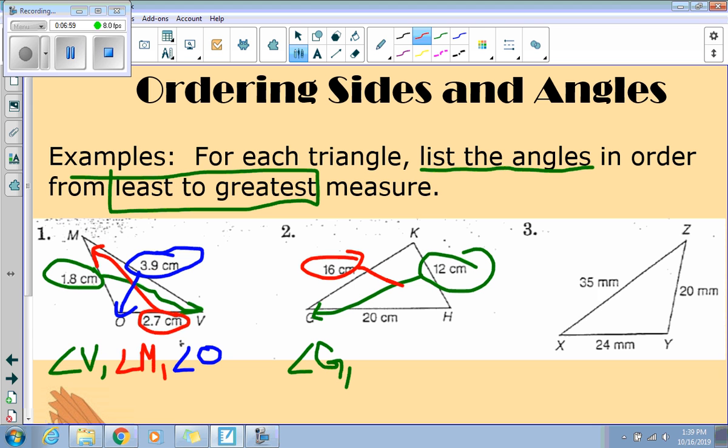And across from 16 is angle H. And then for my biggest side, 20, across from 20 is angle K. So then angle K here would be my largest angle.